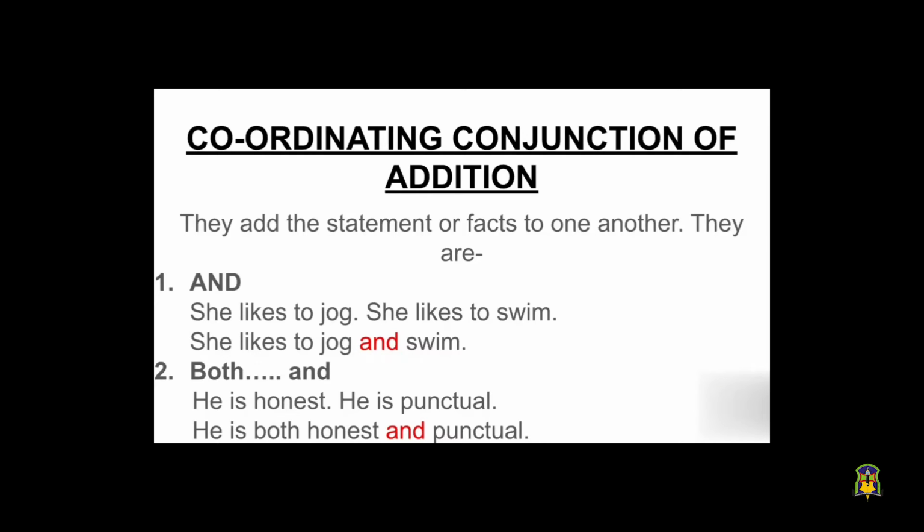And here also we can see that we have skipped the subject when we are making it into one sentence. That is, she likes to jog, she likes to swim. We have skipped that she in both sentences and we have taken only one. She likes to jog and swim. We haven't used she likes to jog and she likes to swim. We have skipped that subject.